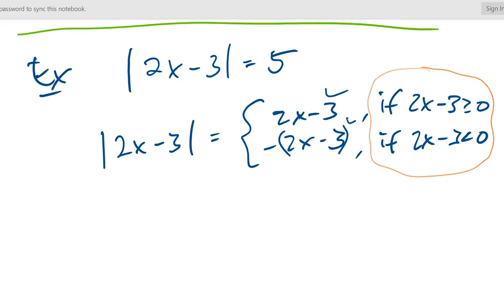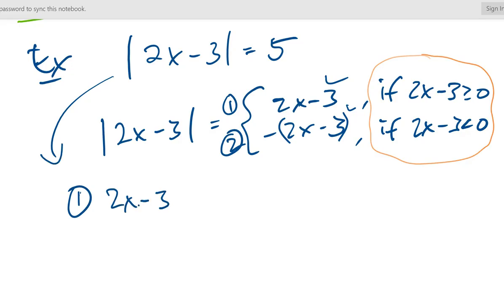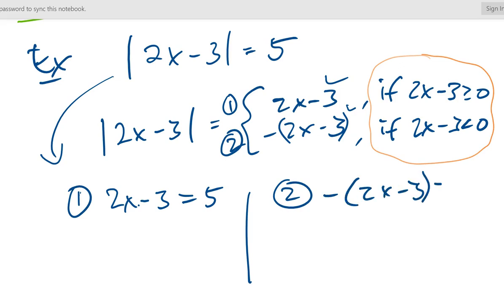So what I'm going to do is there's two cases. This is case 1 here, and this is case 2 here. Case 1 says 2x minus 3 is positive, and that's equal to 5. Case 2 says 2x minus 3 with a negative on it is equal to 5.